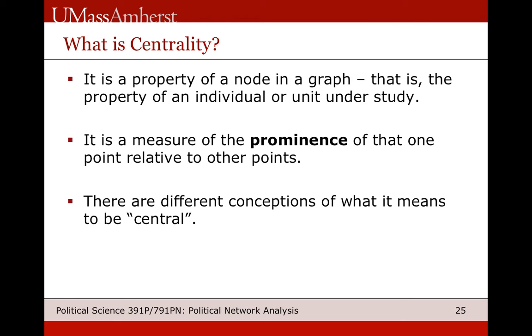So if you say someone is very central to a group, maybe it means they have a lot of friends around them, or in some ways they're very prominent. And in fact, what we're going to see is there's lots of different ways to measure in a very specific way what centrality is, even though in a general construct way, the concept of centrality might be used to apply to all the different measures.